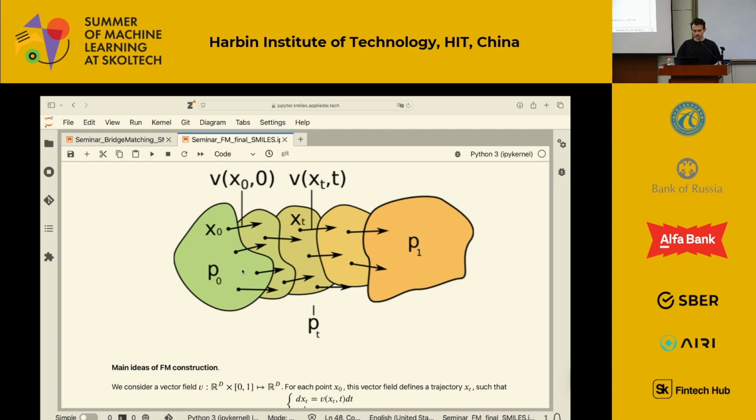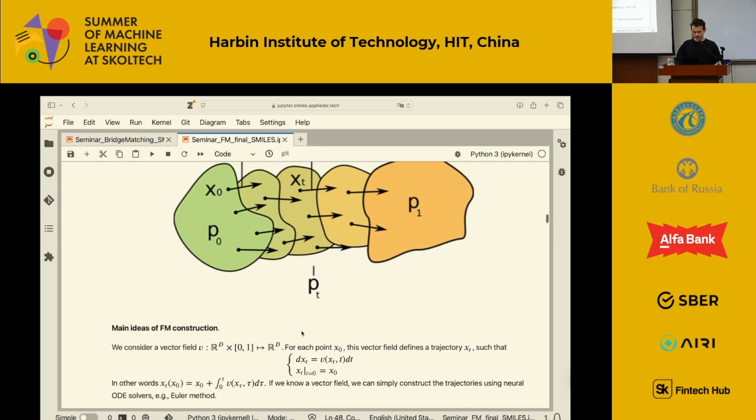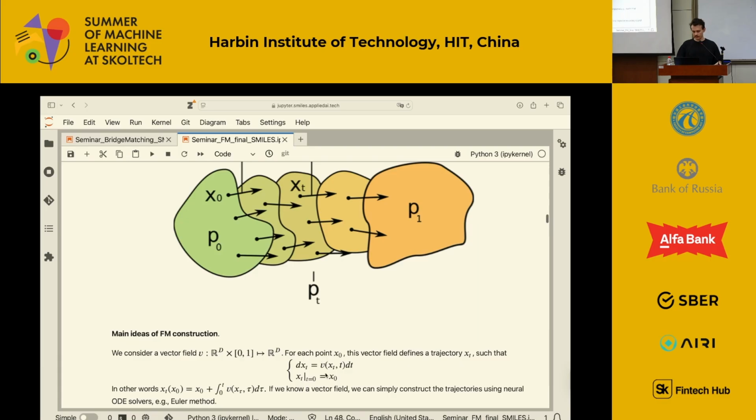Basically, you construct a probability flow from some distribution of arbitrary form P0 to the arbitrary distribution P1. This probability flow will be defined as follows. You have a vector field, which is finished. Well, I hope you see my mouse moving around the notebook.